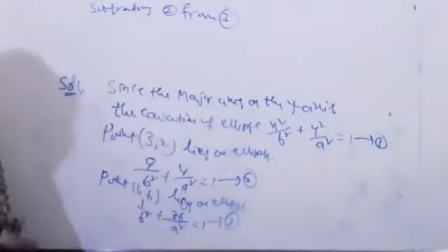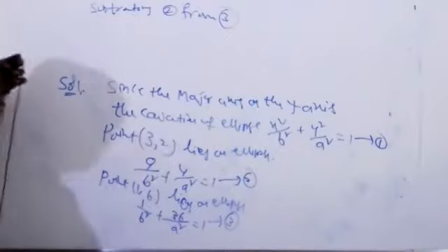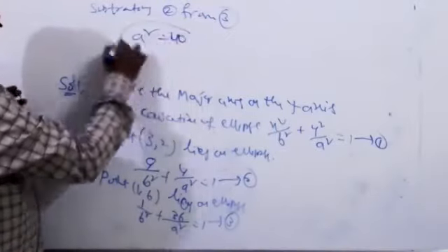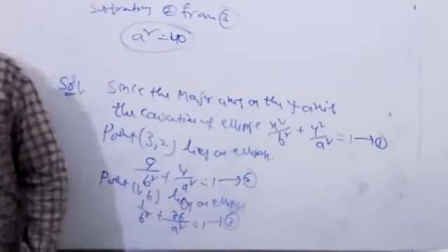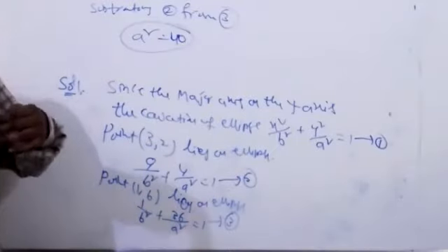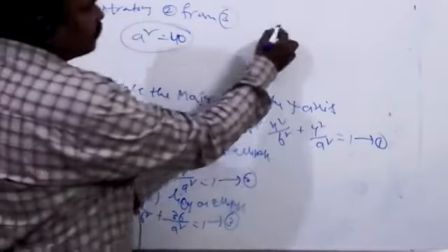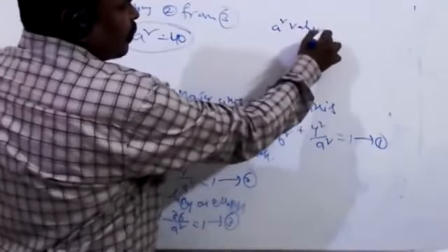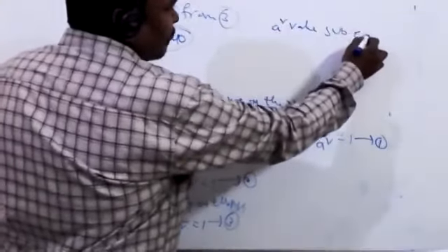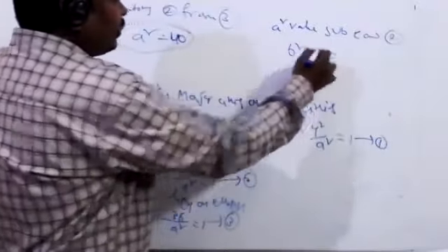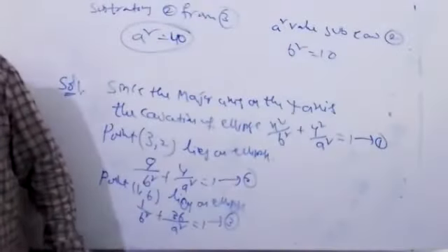Sir, a square is 40 and b square is 10. Then substituting the a square value in equation 2, b square is equal to 10.